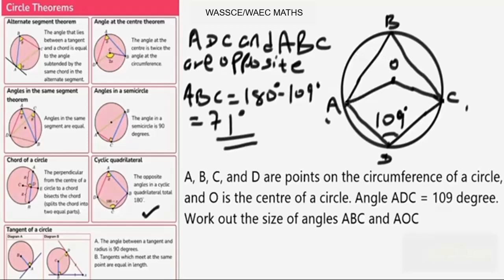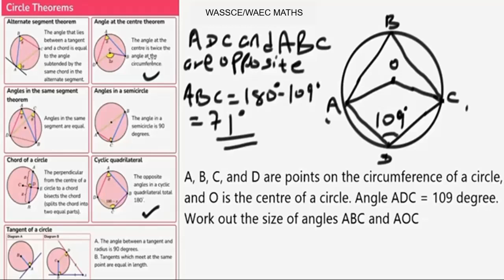So we have to make use of this rule to solve for angle AOC. That means we are going to make use of this rule, the one that involves the center. We're going to make use of the angle at the center theorem. It says that the angle at the center is twice the angle at the circumference.